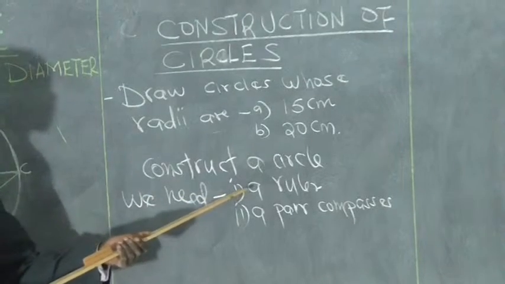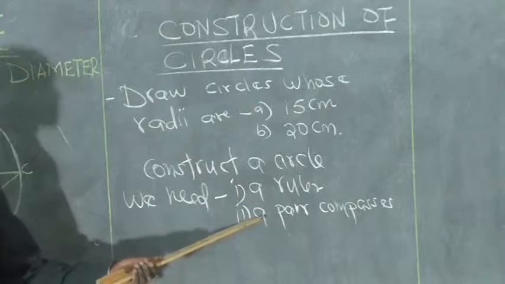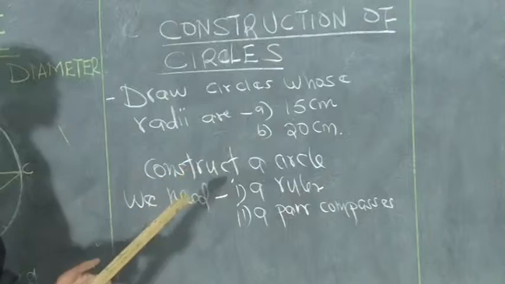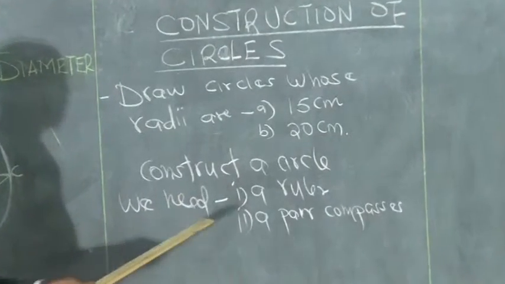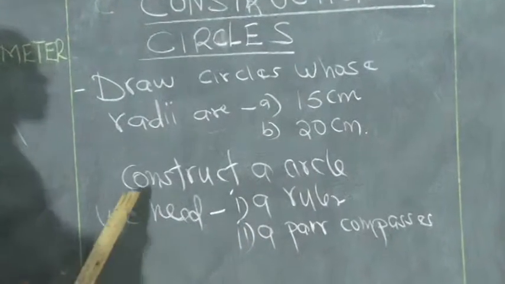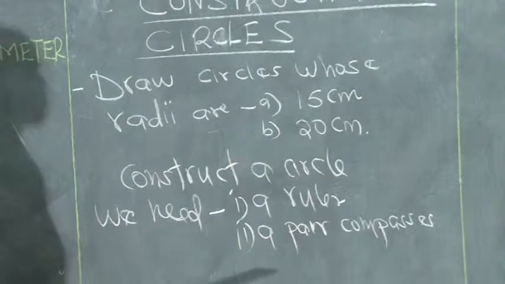So, why do we need a ruler and the pair of compasses? The ruler is to help us identify the radius to be used, and the pair of compasses is the one that will help us to draw the circle.